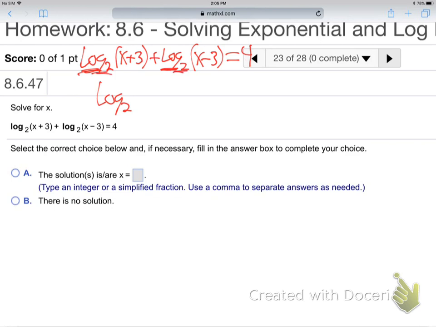And what do I do with the x plus 3 and the x minus 3? Because it's adding in the middle, it becomes multiplying, right? A harder operation for 1 log times easier adding for 2. Everybody good there? If that had been minus in the middle, then I would divide these, x plus 3 over x minus 3, right? With only 1 log still, though. 2 logs become 1 log.